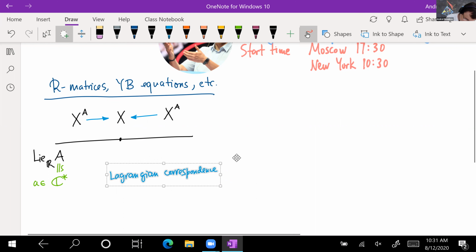But anyway, to stick to the literature, we will assume X has a polarization.